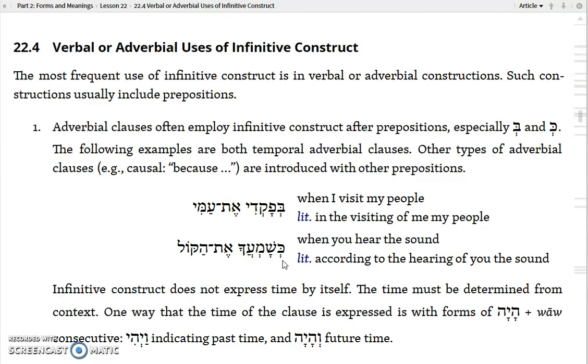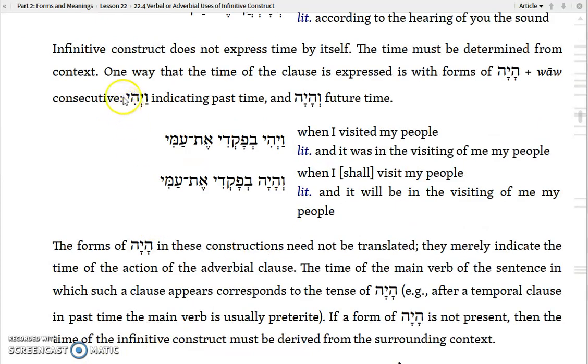And so as or according to or when you hear is the way, literally according to your hearing the voice, but it means when you hear the voice or when you hear the sound, another gloss for kol. Now it should be clear from this that the infinitive construct does not express time by itself. The time has to be determined from the context.